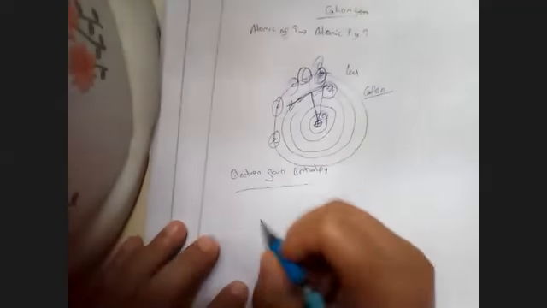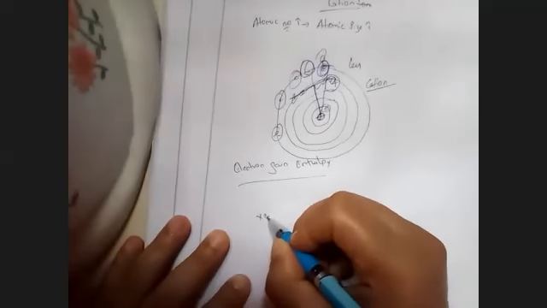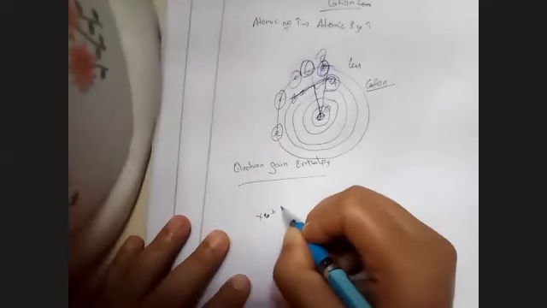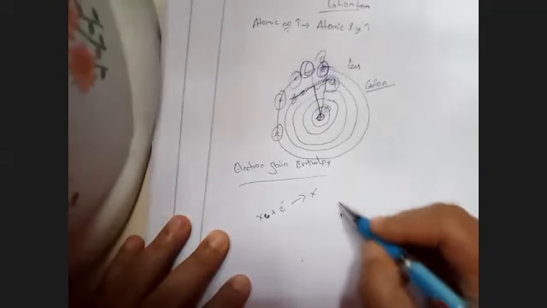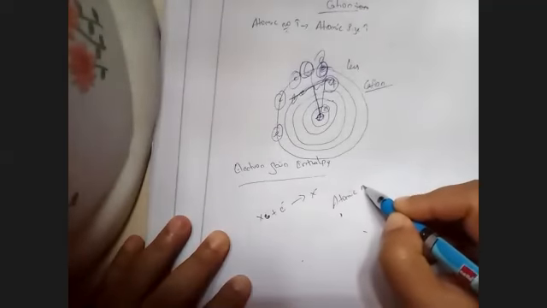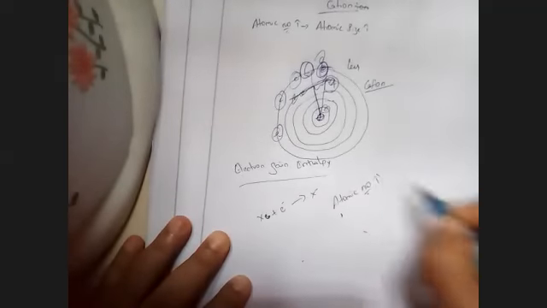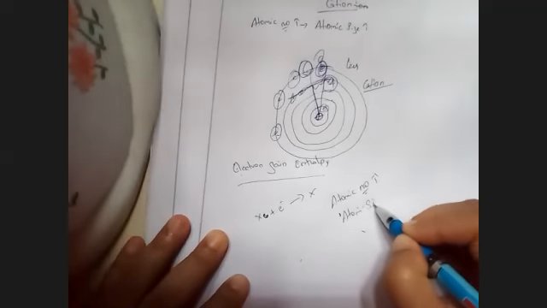Now the same thing: I'm giving this Z as an example. Z is added by one electron, so it will become like this. So tell me now, if the atomic number is increasing, then of course atomic size is also increasing.